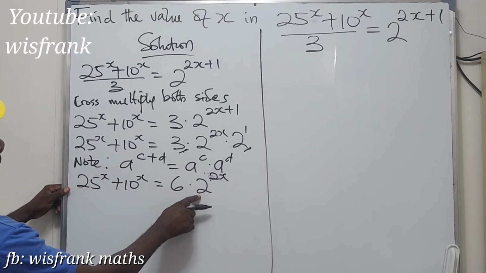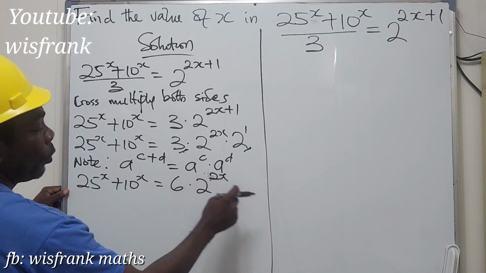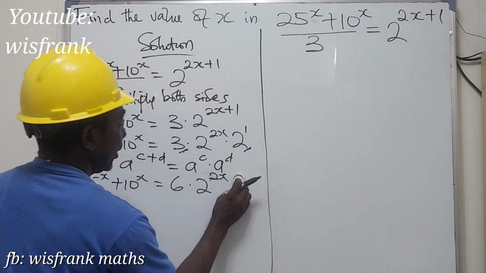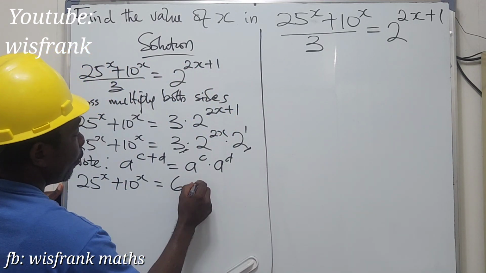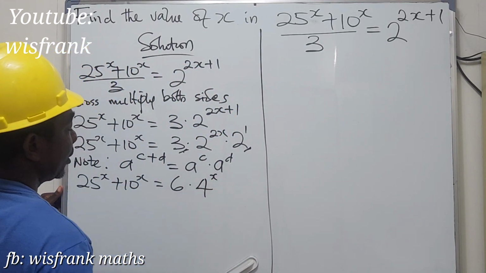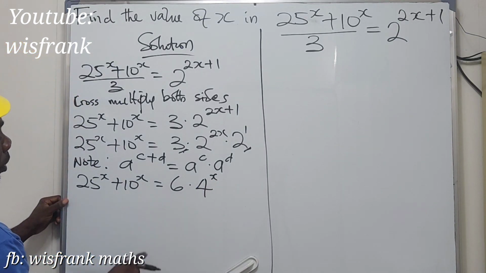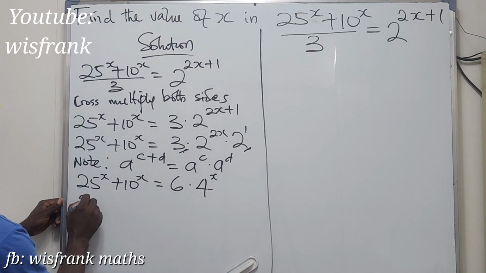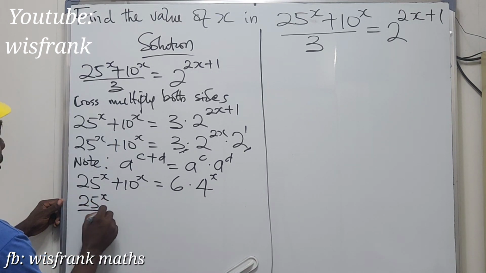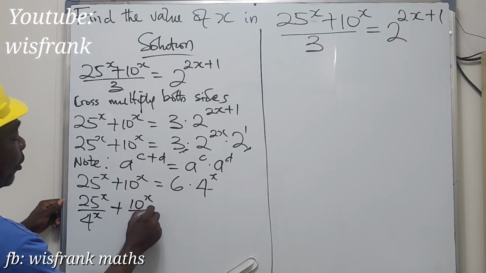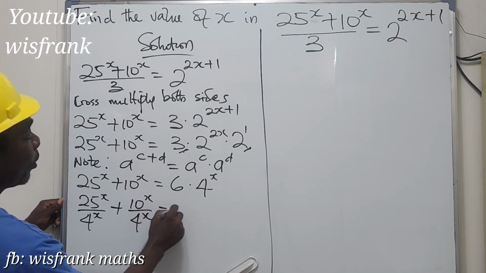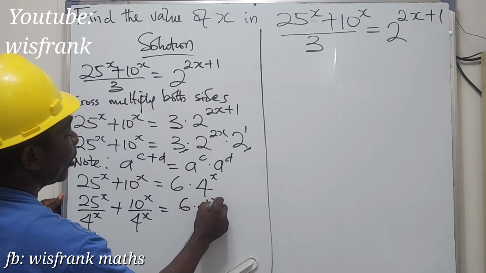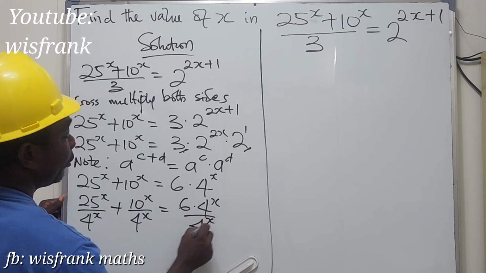Now 2 to the power of 2x can be written as 4 to the power of x. So in this case, we can divide all through by 4 to the power of x. So here it will become 25 to the power of x all over 4 to the power of x plus 10 to the power of x all over 4 to the power of x equals 6 times 4 to the power of x all over 4 to the power of x.